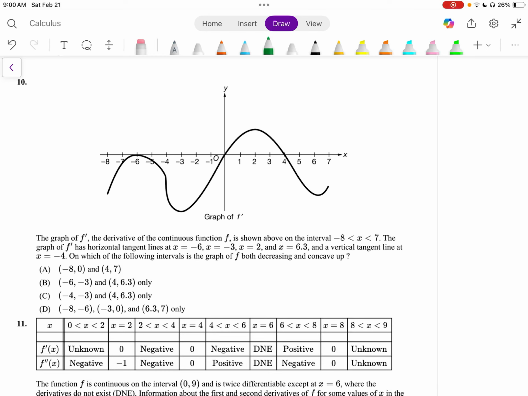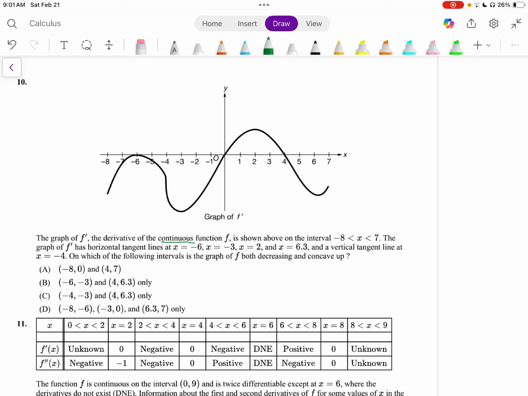We're going to look at the final three questions on Unit 5 Progress Check Part B. Number 10, the graph of f prime, the derivative of the continuous function f, is shown above on the interval -8 to 7.